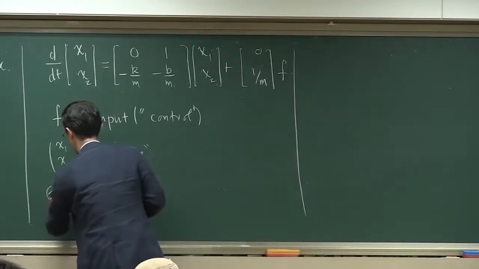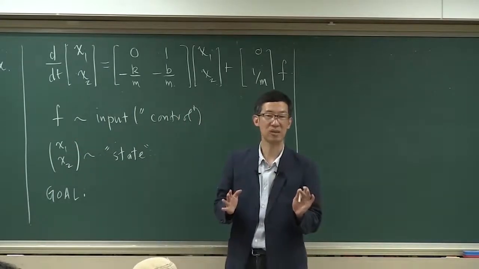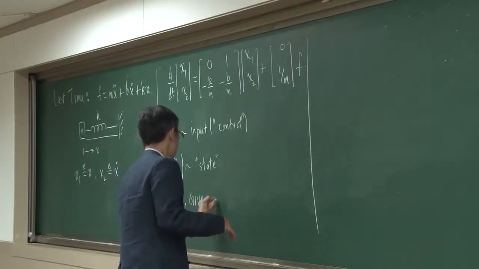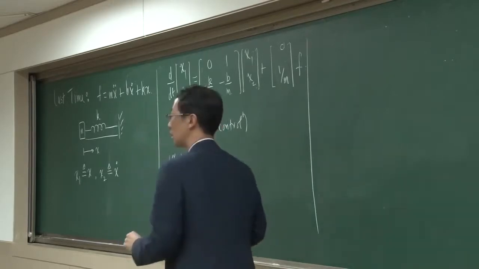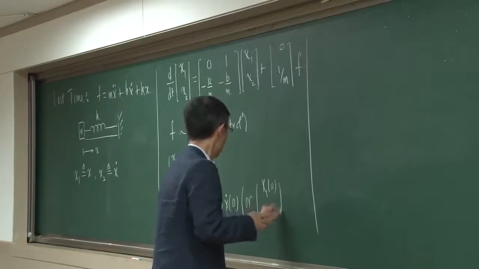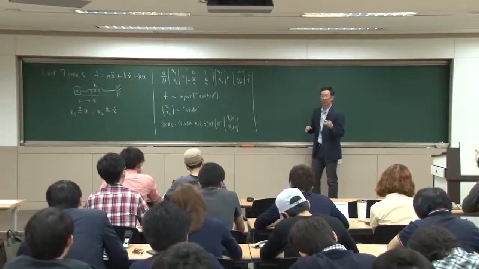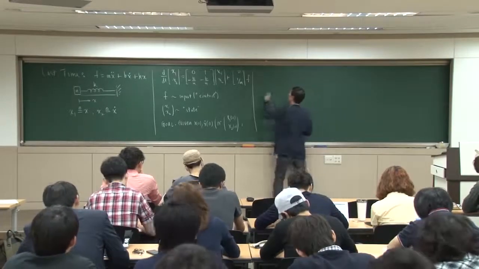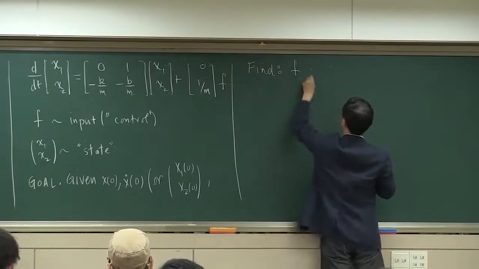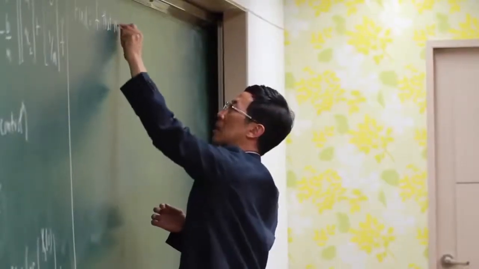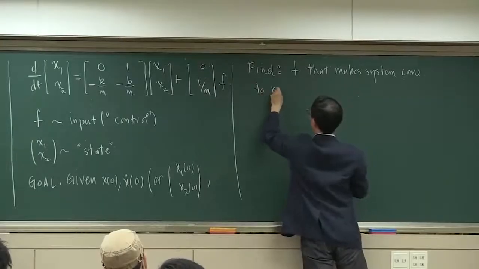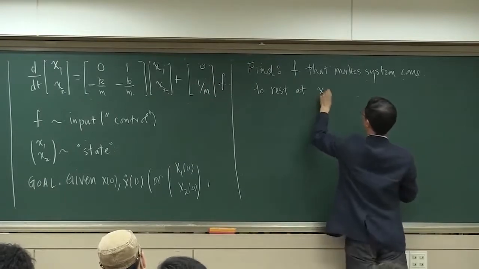And the goal that we set for ourselves was, given some arbitrary initial values x0 and x dot 0, or using our x1, x2 notation, x1,0 and x2,0, we want to find the control, the input f, that makes the system come to rest at x equals 0.